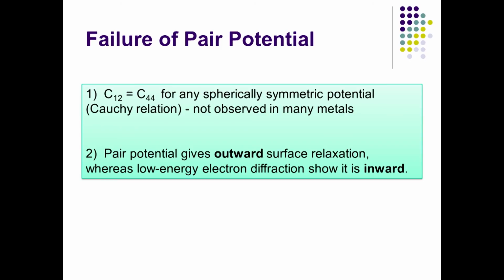Also, pair potentials give outward surface relaxation, whereas low energy electron diffraction shows it as inward. If you look at the surface of a metal, the atoms at the surface level have a bond length, and the bond length decreases for the last layer in the real observation based on electron diffraction.